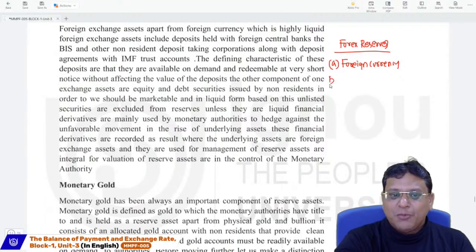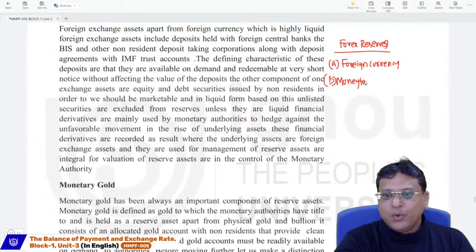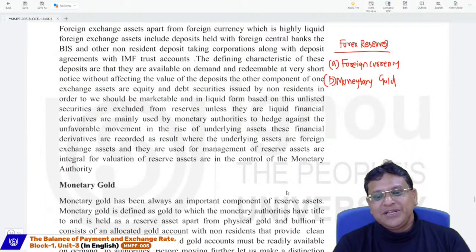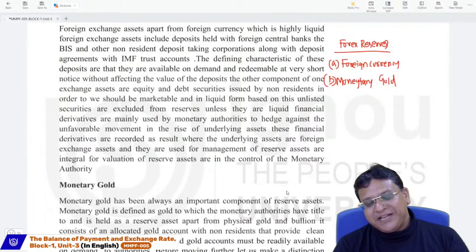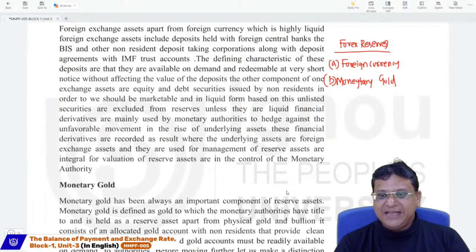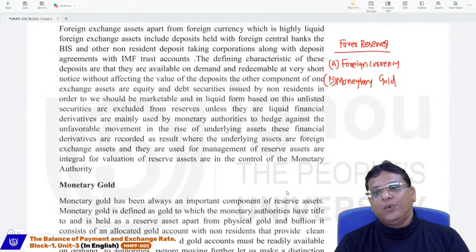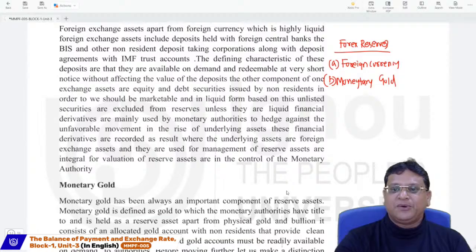There will also be certain monetary gold. What is monetary gold? That gold which is in the name of the monetary authority of a country is known as monetary gold. The gold held by the Reserve Bank of India is known as monetary gold. It forms a part of the forex reserve of the country.